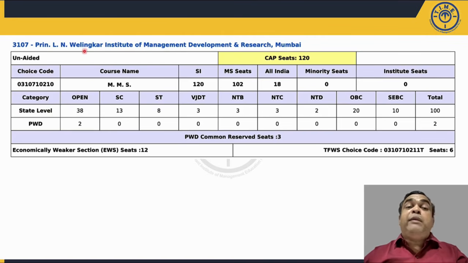So for admission in Welingkar, though it is in Mumbai, Mumbai home university students don't have any reservation. To get admission in Welingkar, your Maharashtra state rank will be considered. So that's the difference: in MET, Mumbai home university students have reserved seats, while here there are no reserved seats for the Mumbai home university. All are Maharashtra seats, and your admission will be based on your state rank.